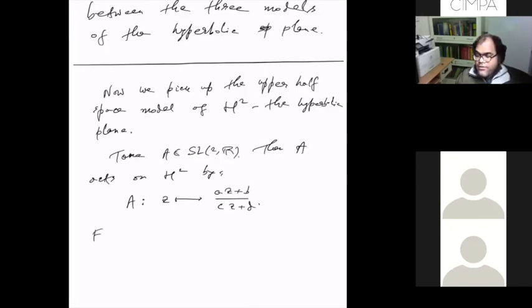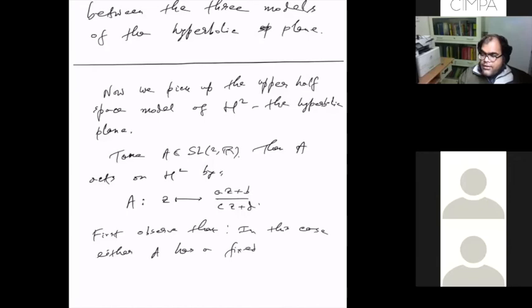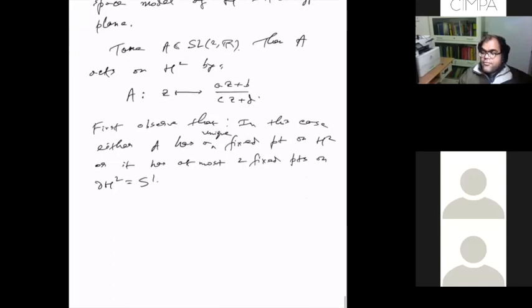So first observe that in this case, either A has a unique fixed point on H2, or it has at most two fixed points on the boundary of H2.